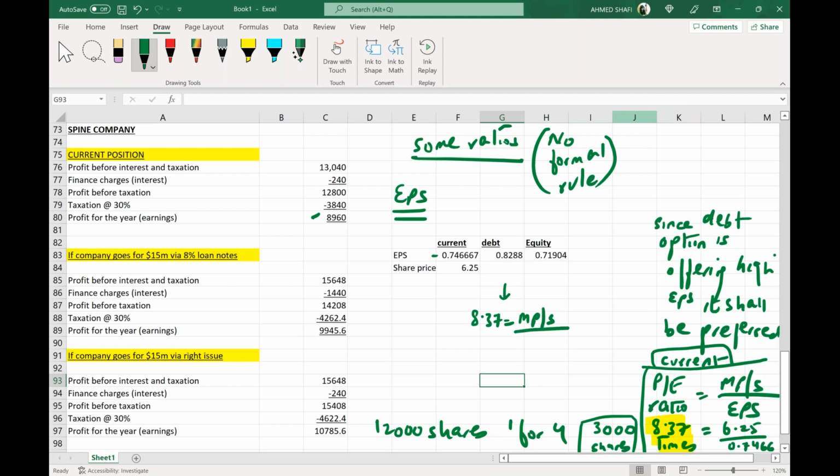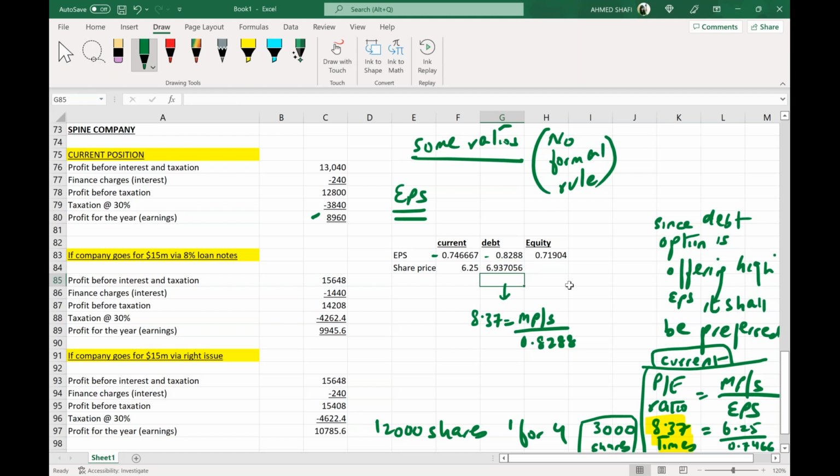What is the EPS after debt? Just calculated, 0.8288. This is my EPS after debt, and I am assuming the PE ratio remains 8.37. So I will get the market price per share as 8.37 multiplied by 0.8288, 6.93.